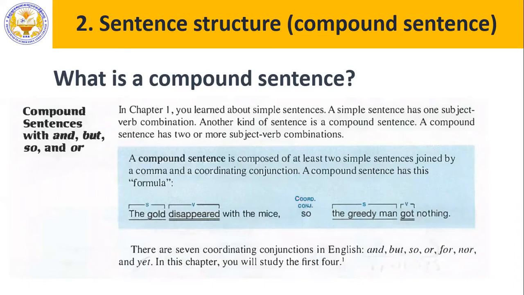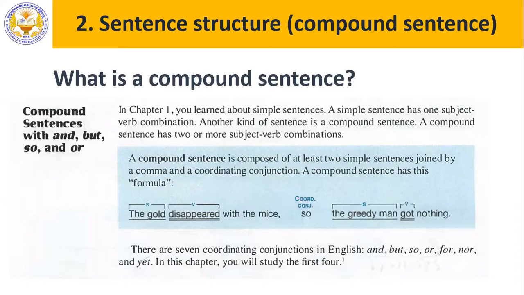And how many kinds of sentences in English? We have 4. We have simple sentence, compound sentence, complex sentence, and compound-complex sentence. And in chapter 1 we discussed one kind already: the simple sentence. A simple sentence refers to one subject-verb pair, or one subject-verb combination.